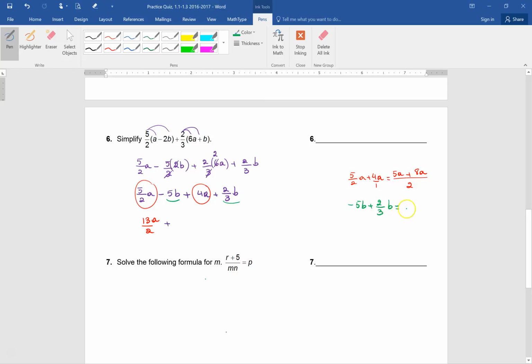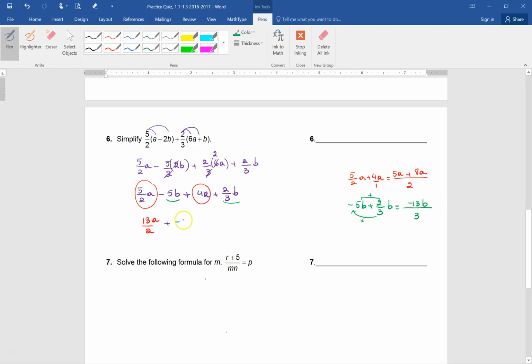Now, let me show you the shortcut way of doing it as well. It's going to have a common denominator of whatever this is. When you have a whole number and you're adding or subtracting to a fraction, here's what you do. You do a loop. 3 times negative 5 is what? Negative 15. Plus 2 is negative 13b.